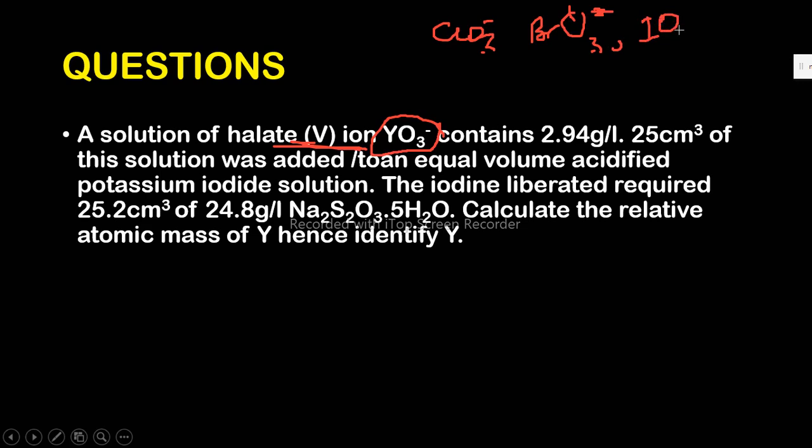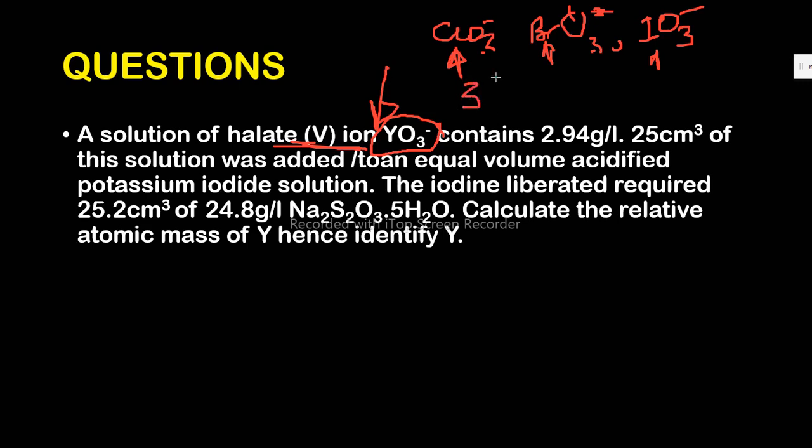So the question wants you to determine, is it an iodate, is it a bromate, or is it a chlorate? So how are you going to determine? You determine the relative atomic mass of this Y, and then you compare from the periodic table. Is it chlorine?